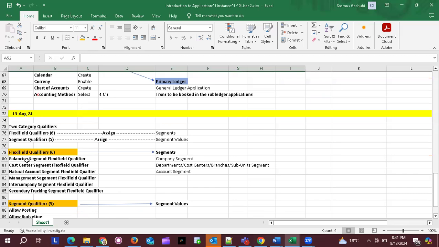So we cannot overlook the balancing segment qualifier simply because you only have one line of business. We cannot overlook the balancing segment Flexfield qualifier and go straight to the natural account segment qualifier. Remember, this is an account.